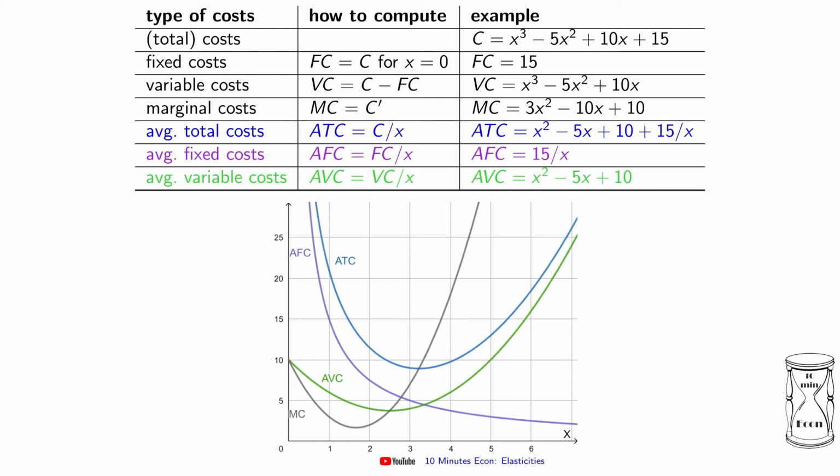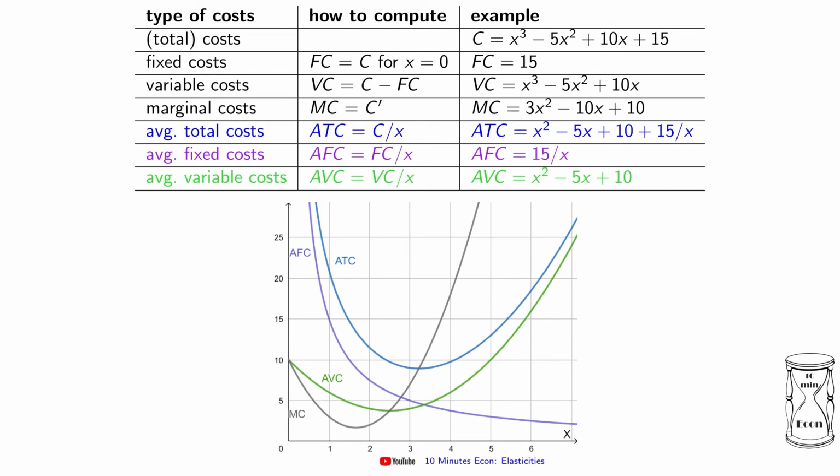And the intuition behind that is as follows. Let's explain it for the average total cost, but it also works for the other one. The marginal costs once again tell you how expensive it is to produce another unit. So here in this area, where the marginal costs are below the average total costs, that tells you the next unit that you're producing, let's say you're already producing 2 units, then the marginal cost of the next unit is something like 2.